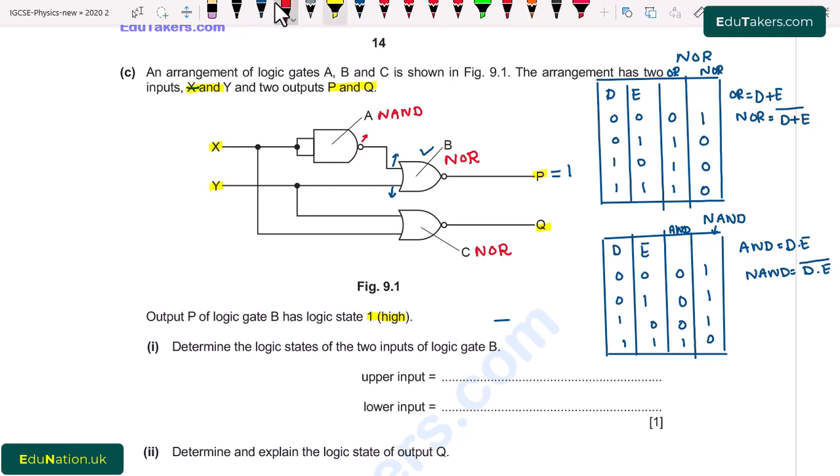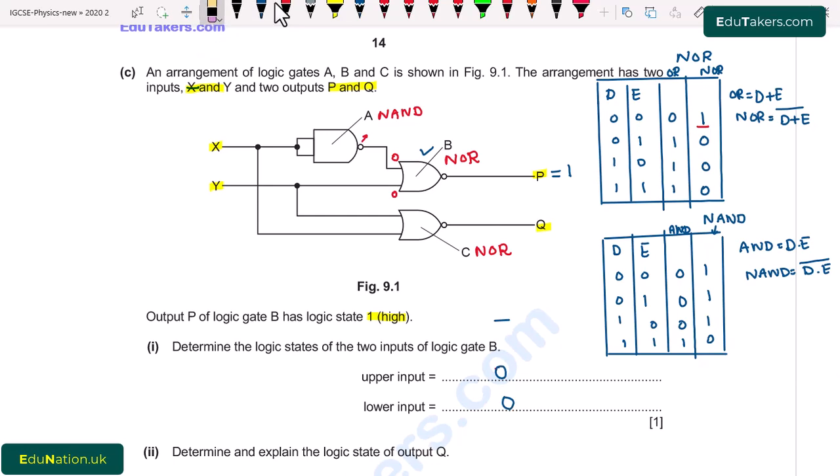When it is equal to 1, this is the case when both the inputs are 0. So we have to find out both of these inputs, upper input and lower input, and it comes to be 0 0. It is 0. It is also 0.